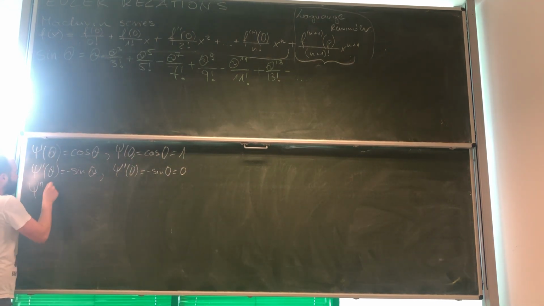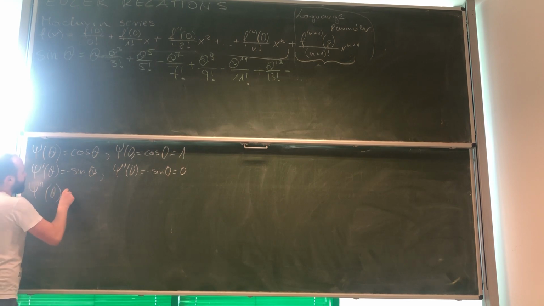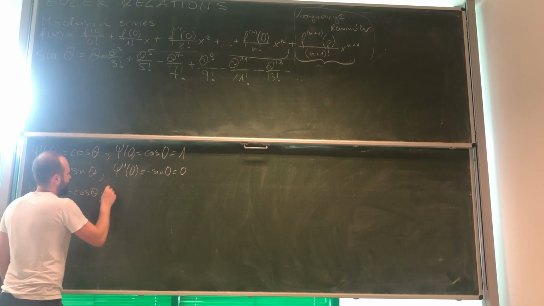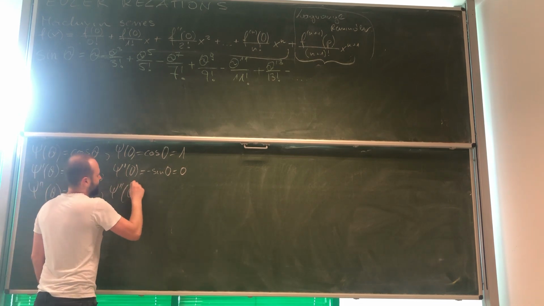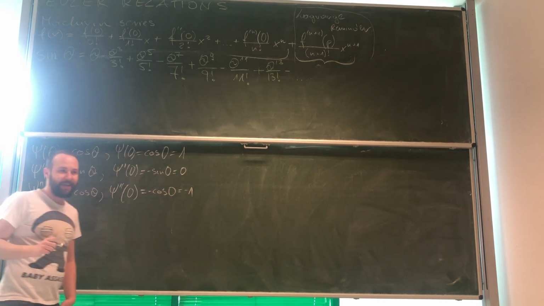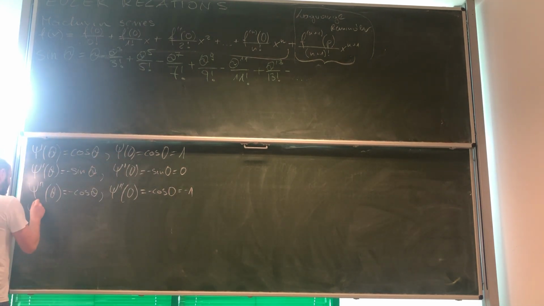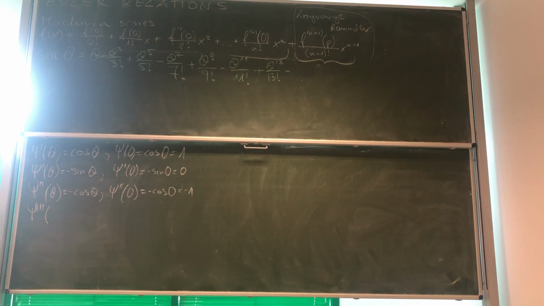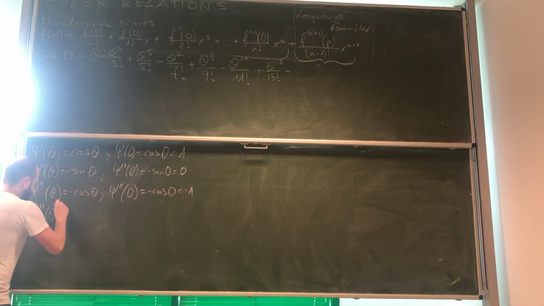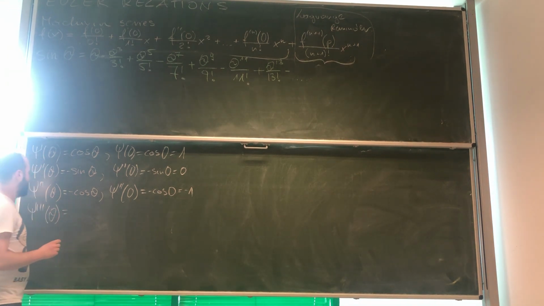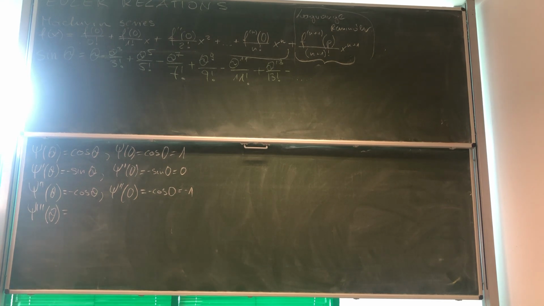Then we've got psi double prime equal to negative cosine theta. So psi double prime of 0 is equal to negative cosine of 0, which is equal to negative 1. Then we've got the third derivative of psi, which is going to be equal to just sine, right?